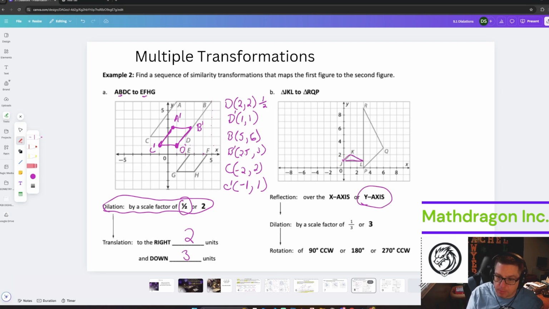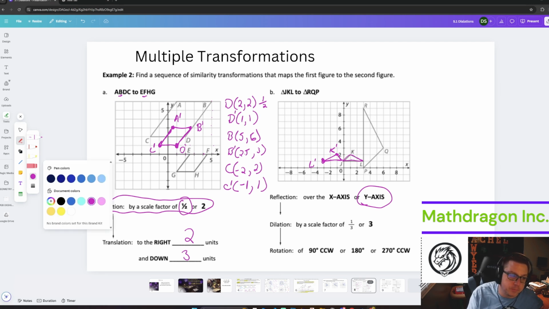Let's just see what happens. So this is L prime, this is K prime. I want to be careful. I only want one mark there because I'm about to enlarge it, so I want to make it really big.